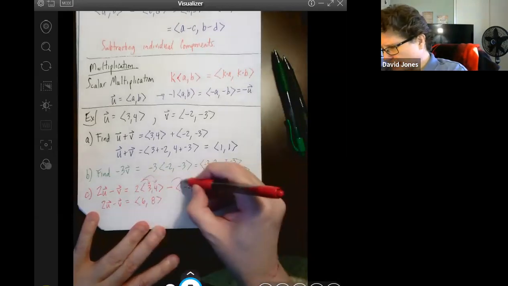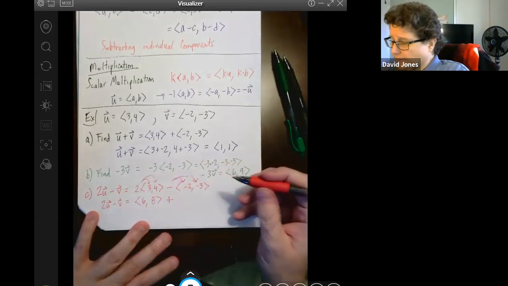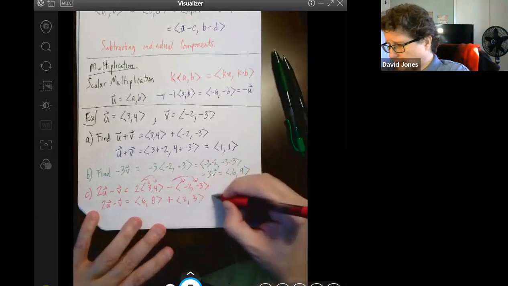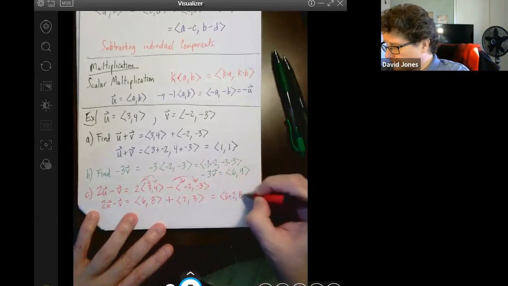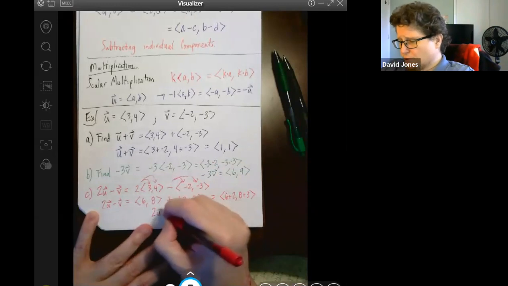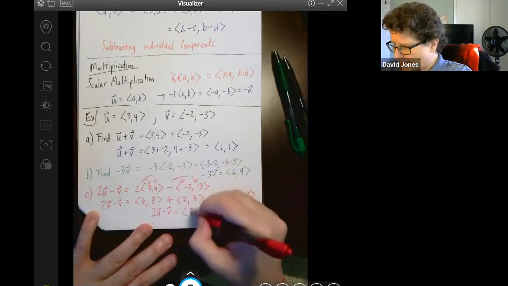And I can move the negative in if I make this addition, 2, 3. We just add the components. So 2u minus v is 8, 11.